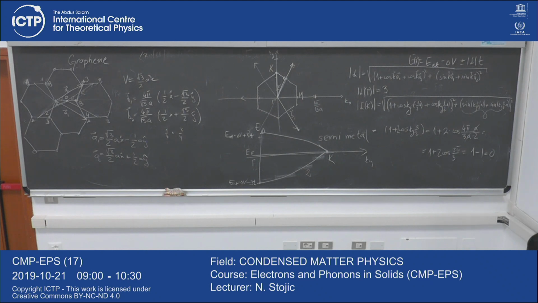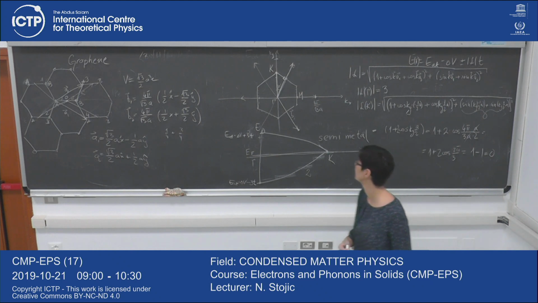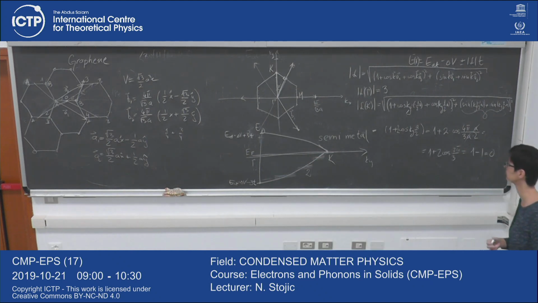There was something from the previous lectures that I remember: the derivative of the dispersion has to be zero only at the edge of the Brillouin zone. Am I missing something? Yes, it is true. The K point is the end of the Brillouin zone. Is there a gap in the dispersion there?